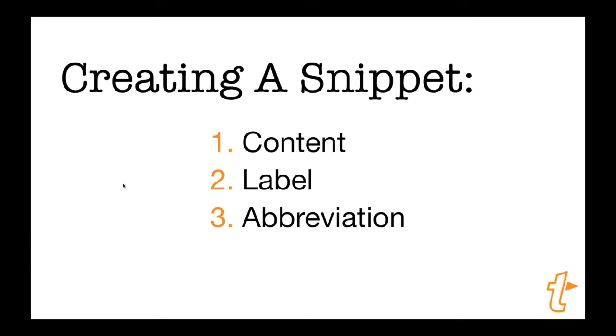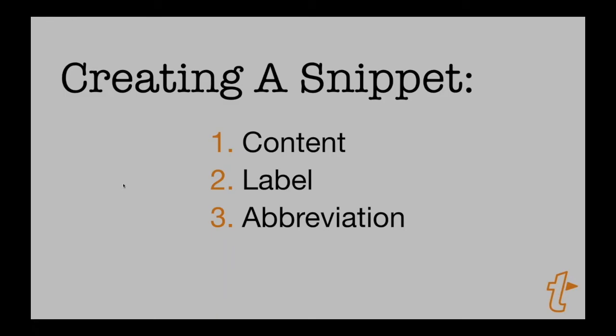In other words, what is it that you want the snippet or the abbreviation to expand out to? It's good to put a label on your snippets, although you really don't even need that. I like to have it to be able to organize my snippets a little bit better. And then you need to think of the abbreviation. What is the snippet abbreviation that you are going to be using here?